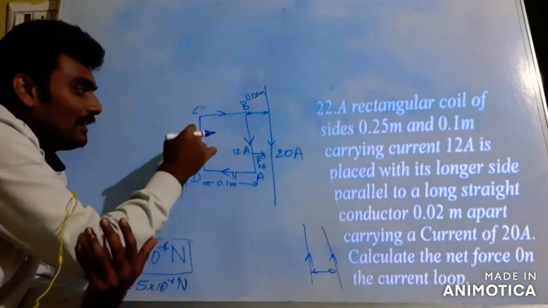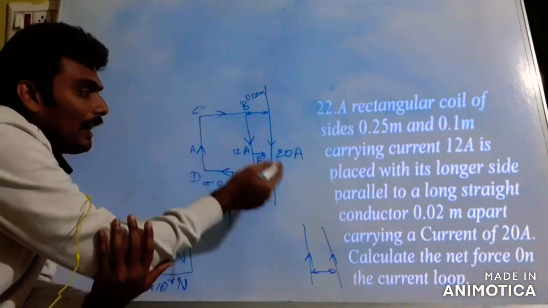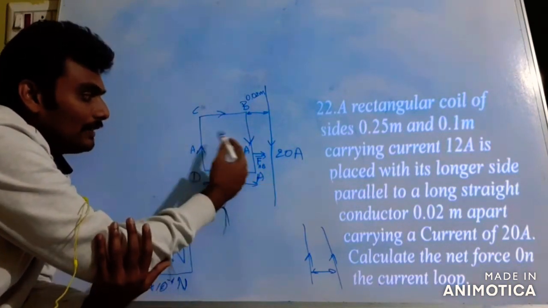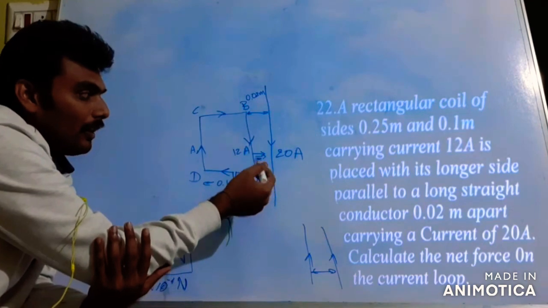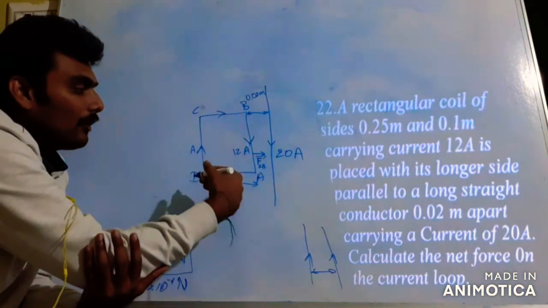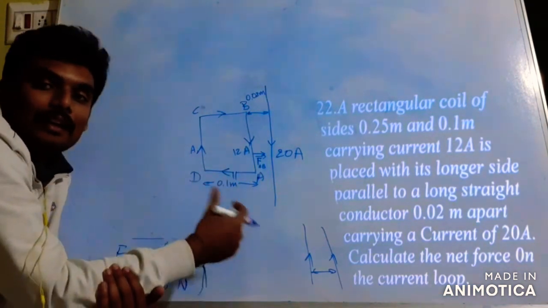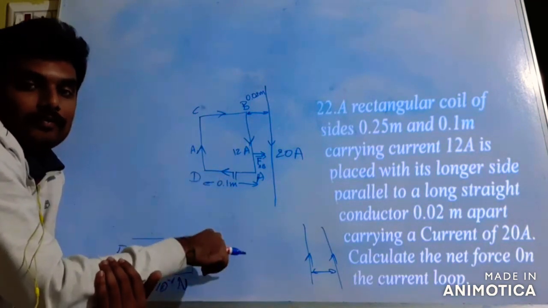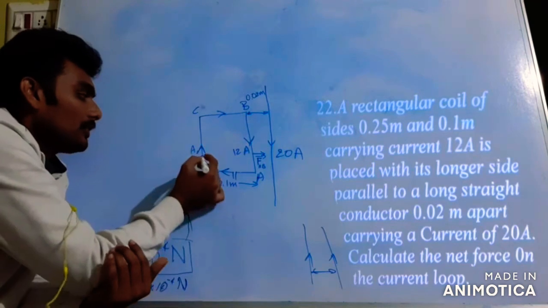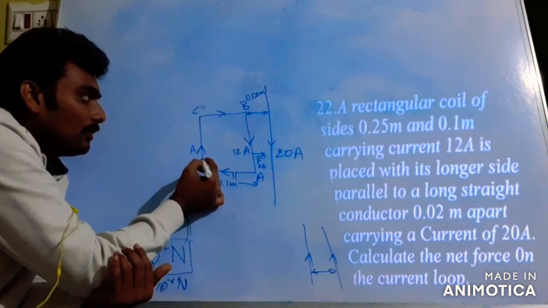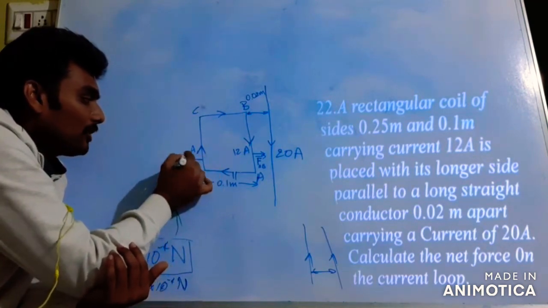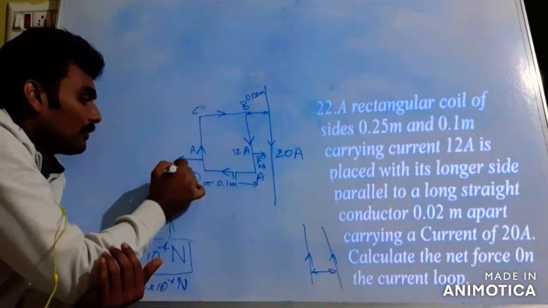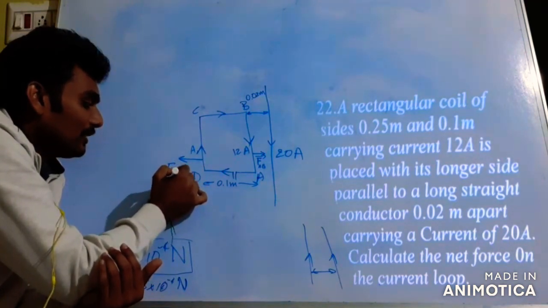But DC and the long conductor are anti-parallel, in other words unlike currents, and unlike currents always repel each other. So due to the repulsion, this DC part will experience an outward force. This is the direction of FDC.